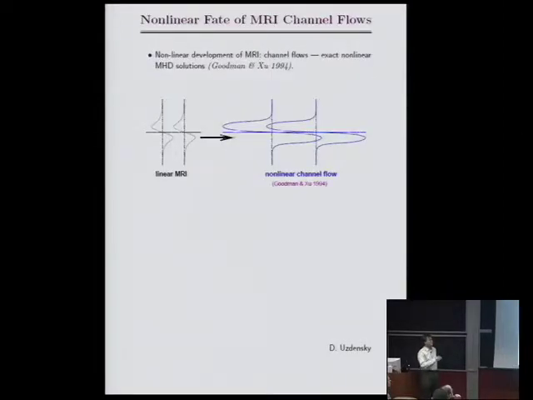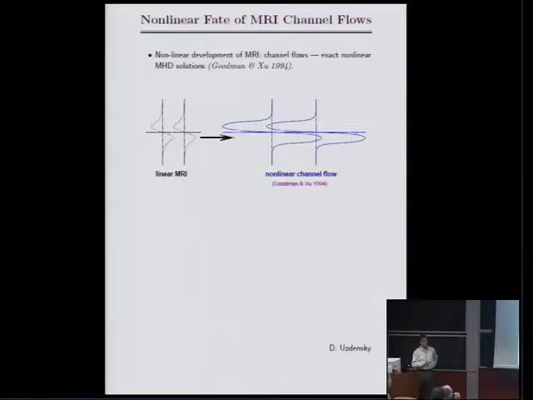If one starts with a linear MRI mode, such as this, it has been shown by Goodman and Xu in '94 that the MRI mode is an exact nonlinear solution. So they can grow essentially indefinitely until something else arises that disrupts them, these channel flows.